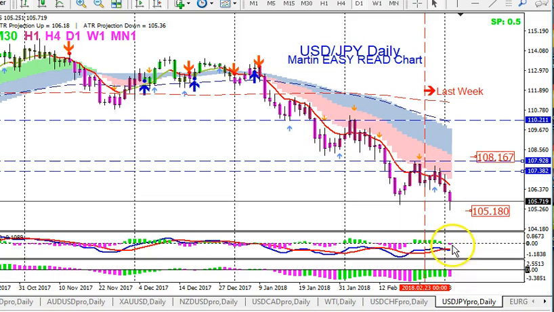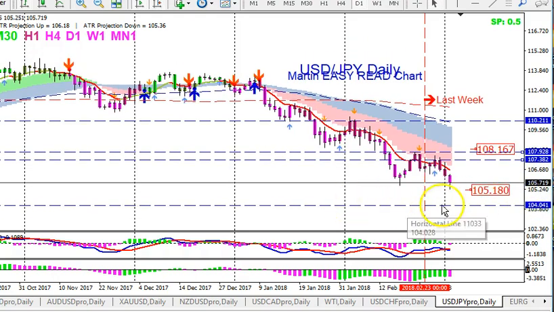So, there we have a pink up here on the MACD. MACD blue lines just crossed the red signal, so it looks like price is going to go lower. How low? Well, I've drawn in a horizontal line for you. So if price goes lower and breaks this area here, you could look at price going to at least the 104 level. That's a major round number, 104.